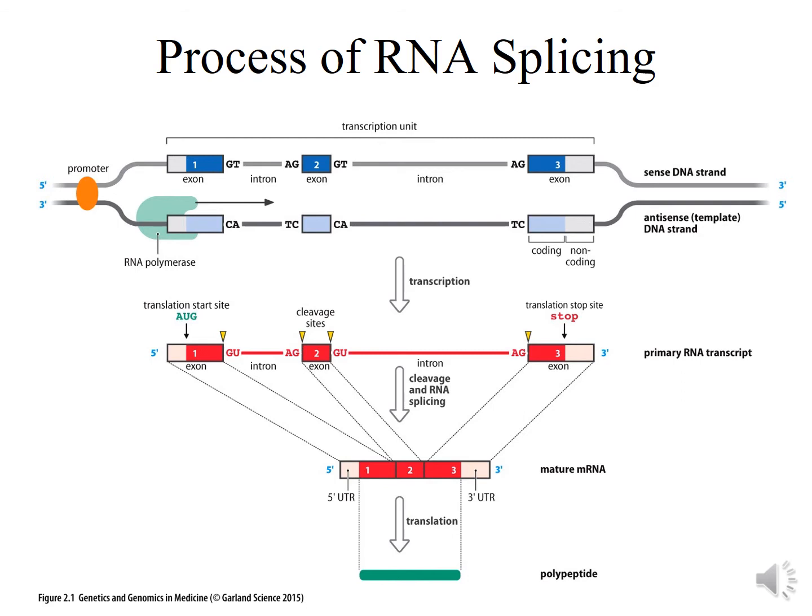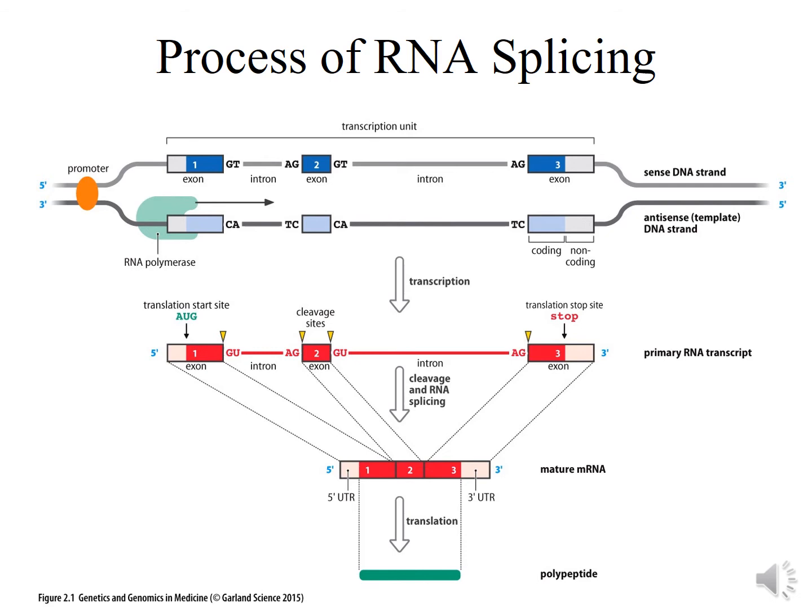The 2 transcribed intron sequences that are excised are each degraded in the cell, but the transcribed exon sequences are joined or spliced together to form a continuous mature RNA that has non-coding sequences at both the 5' and the 3' ends, and these are depicted as 5' UTR for 5' untranslated regions and 3' UTR for 3' untranslated regions.